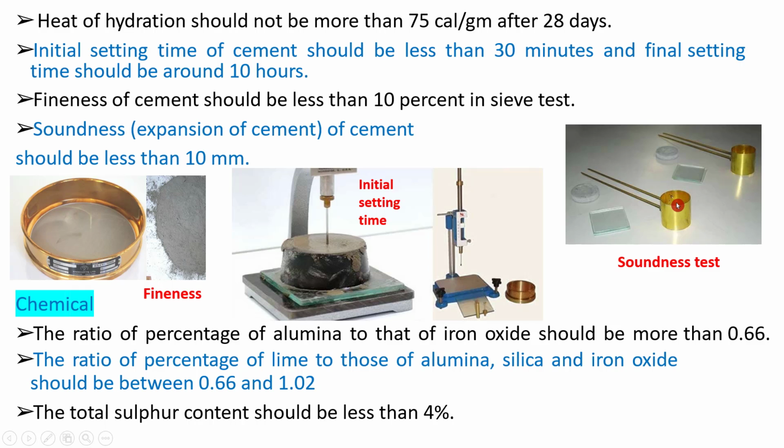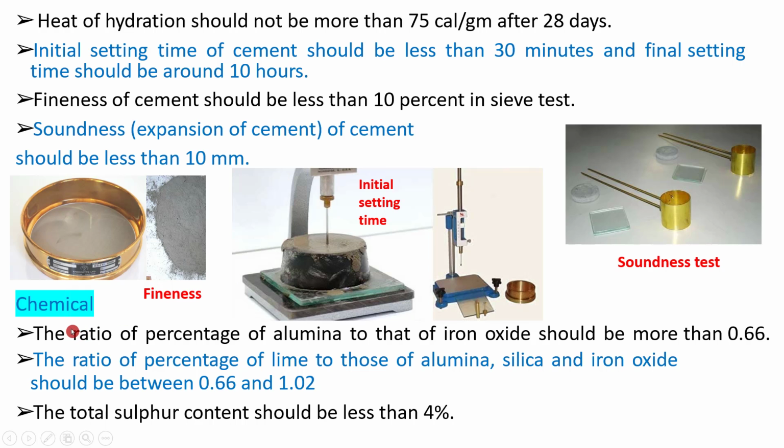You should know that the cement mortar expands as the age days go on. So after 1 day, if the cement mortar inside this mould expands, this parallel part should get expanded. This expansion or gap between the two parallel parts should not be more than 10 mm. If it is more, that means the amount of expansion is more. That's about the soundness test.